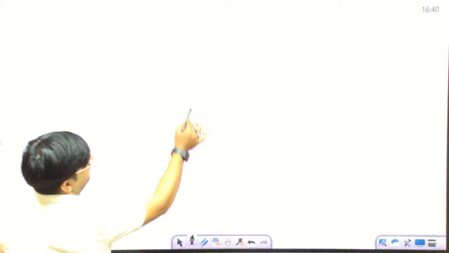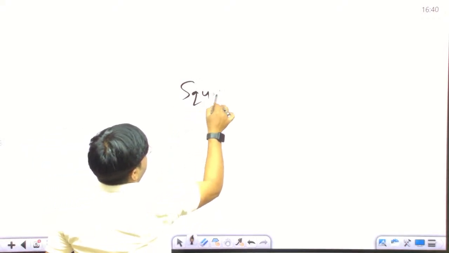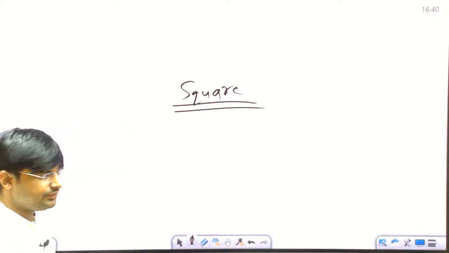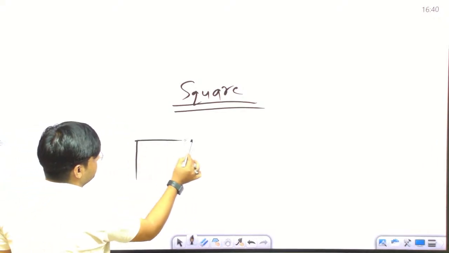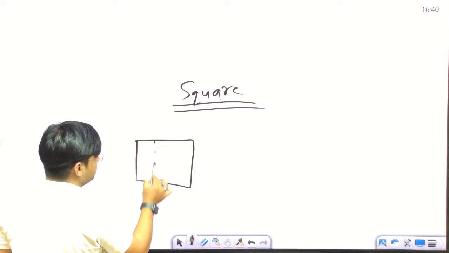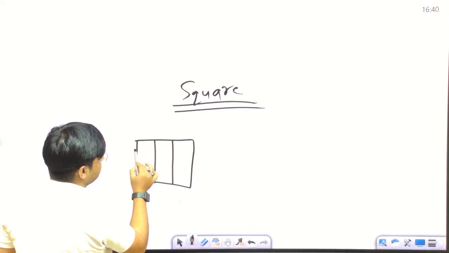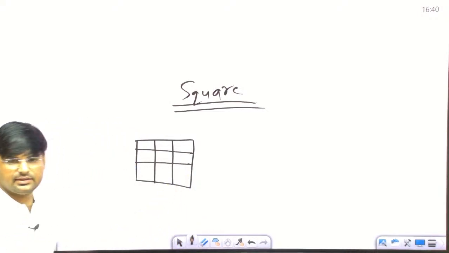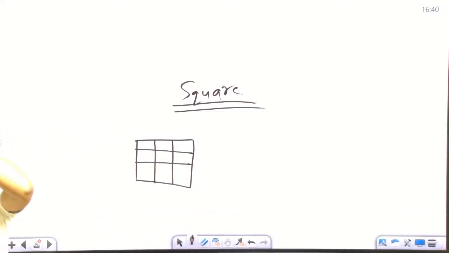And if we talk about square counting, how many squares in this figure?